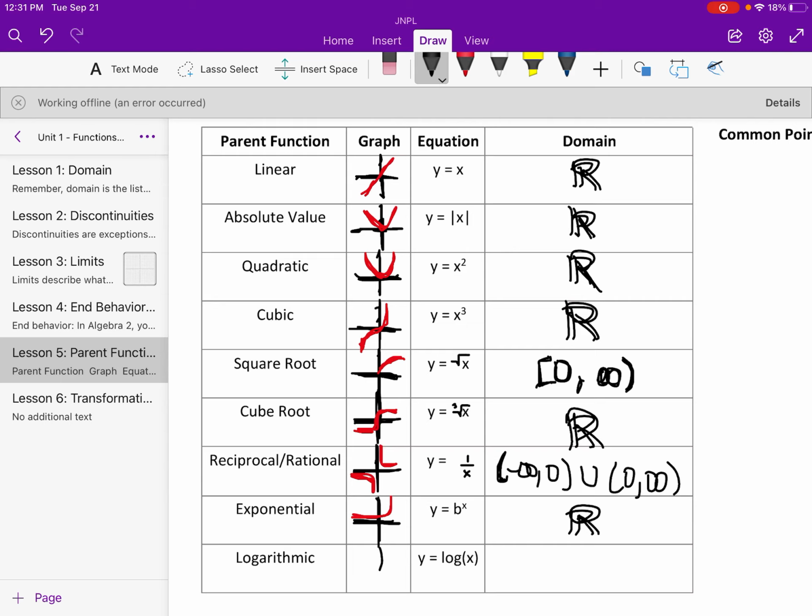Logarithmic, sometimes it's hard for me to say that, huh? That's the inverse of exponential. And this one kind of looks like, I mean, if you remember, there was even the natural log one, but it instead looks like this.